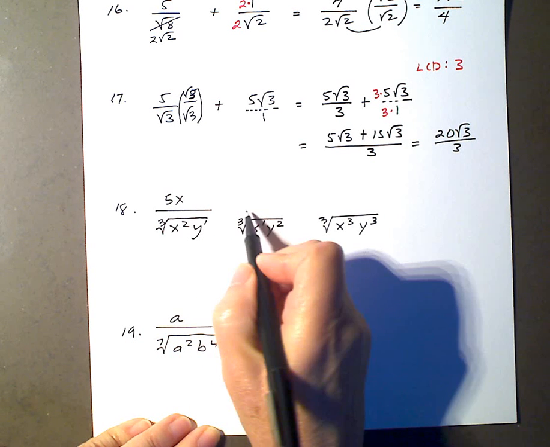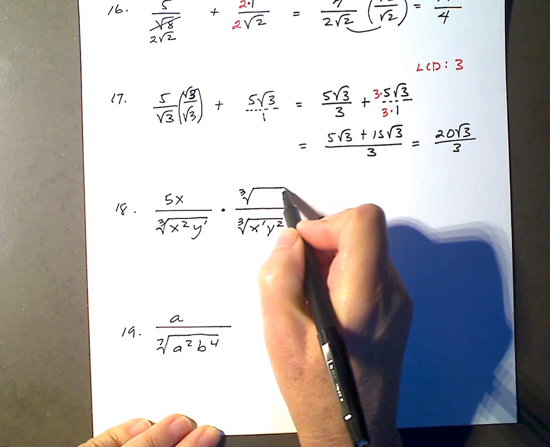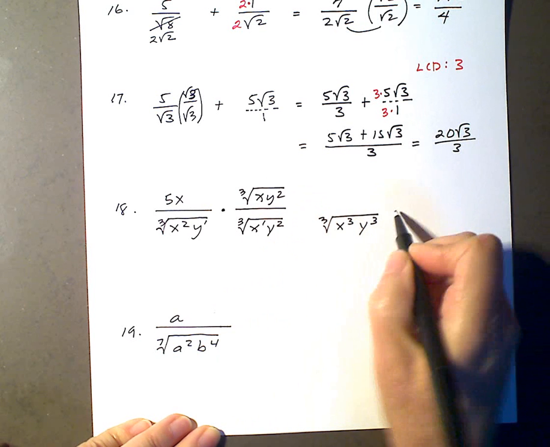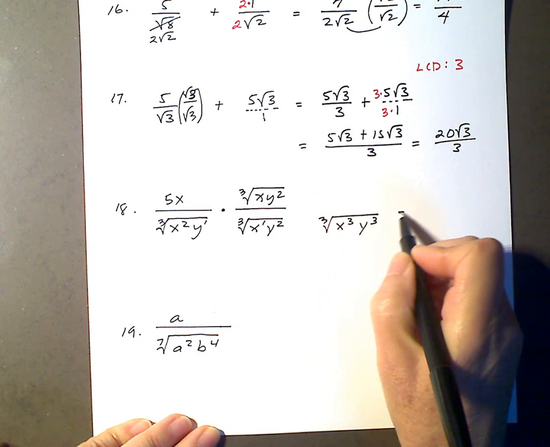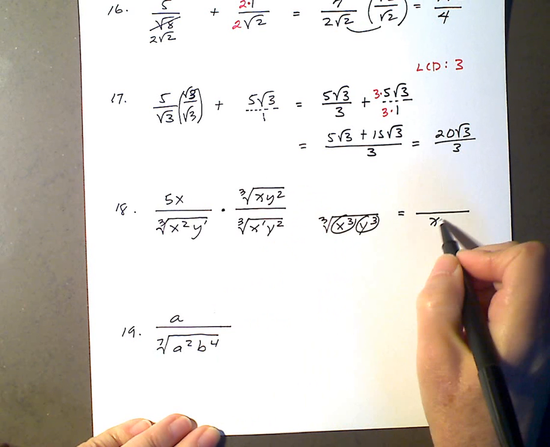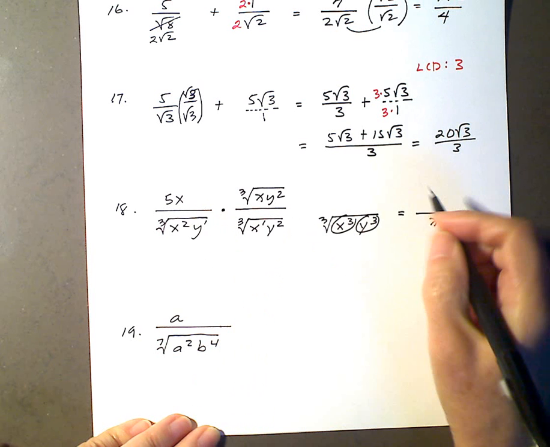So, of course, this is just a big 1. So the reason I did this was that now in the denominator I'll have a perfect xy, and in the numerator I'll have 5x times the cubic root of xy squared.